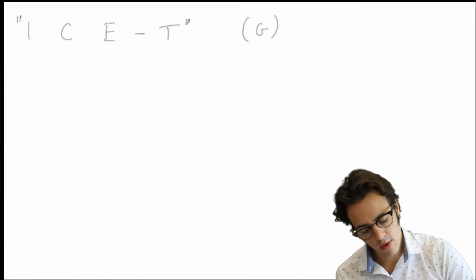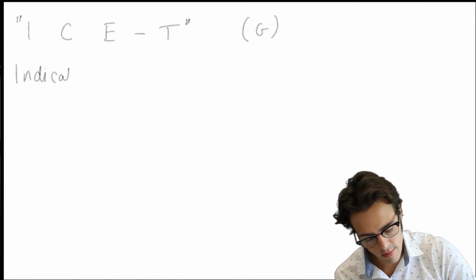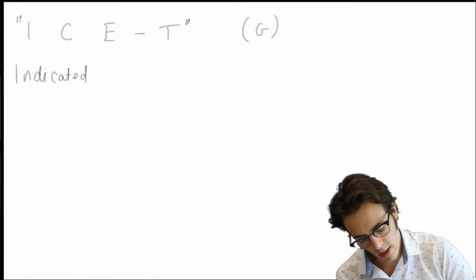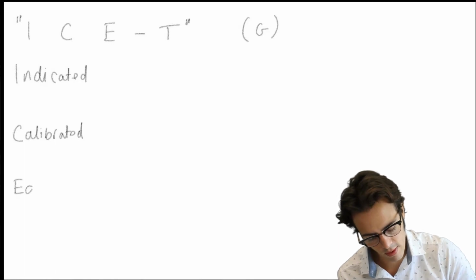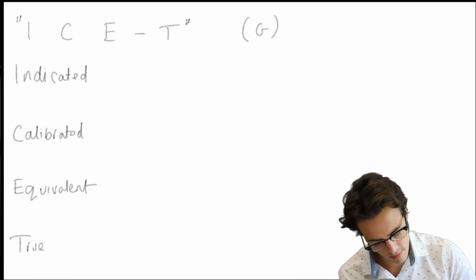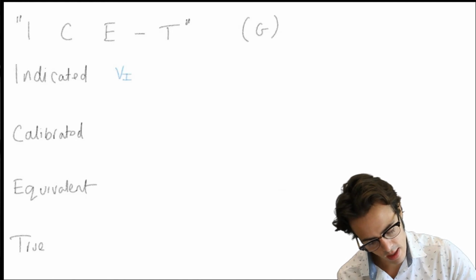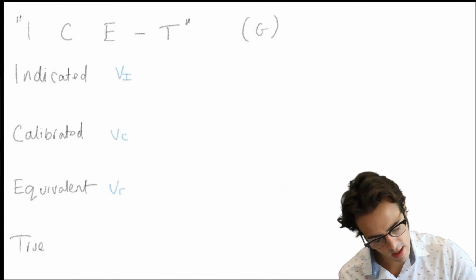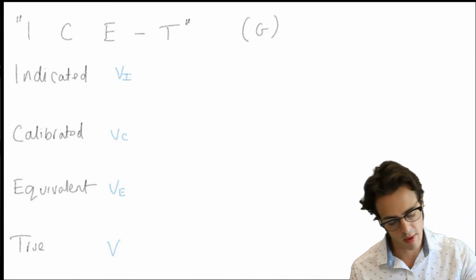Okay, so the airspeeds we've got, the first one is indicated, next one is calibrated, then we've got equivalent, and then we've got true airspeed. So the symbols for these are VI, VC, VE, and just plain old V for true airspeed.